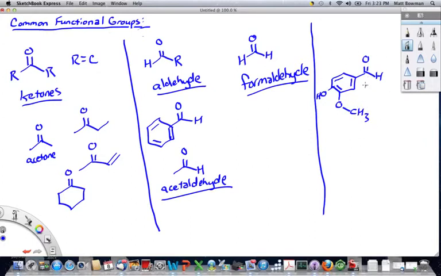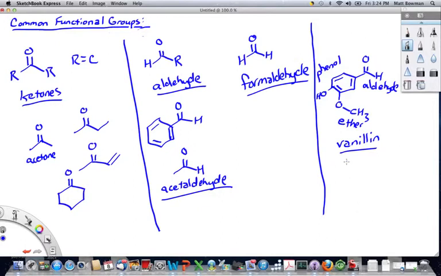It consists of an aldehyde, an ether, and a phenol. So it has these three components on this, and together they make up the molecule called vanillin, and this smells like vanilla.